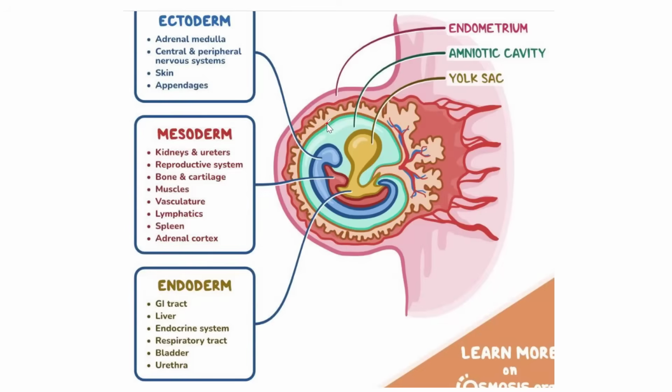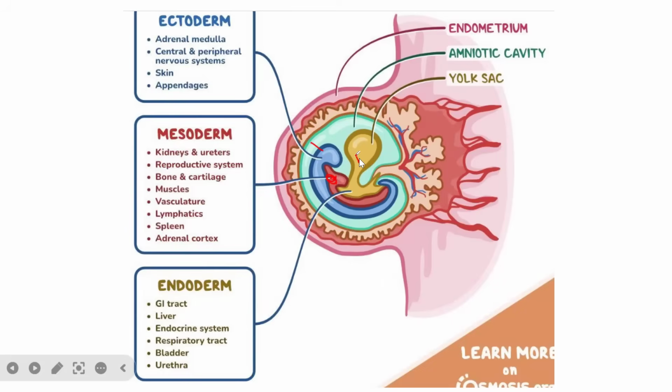These are the different organs that are generated from ectoderm. The ectoderm is the outer layer. The mesoderm is the middle layer, while the endoderm is the inner layer.